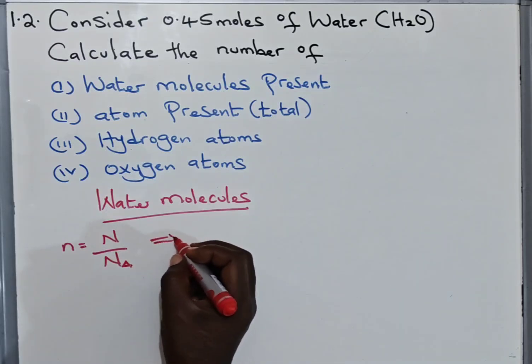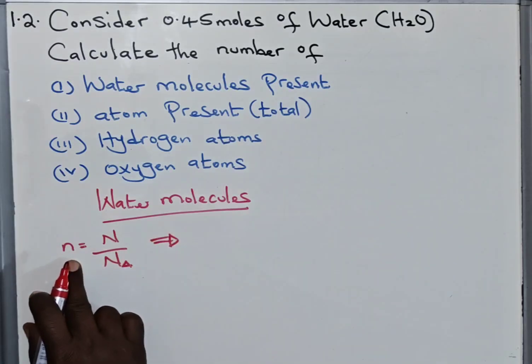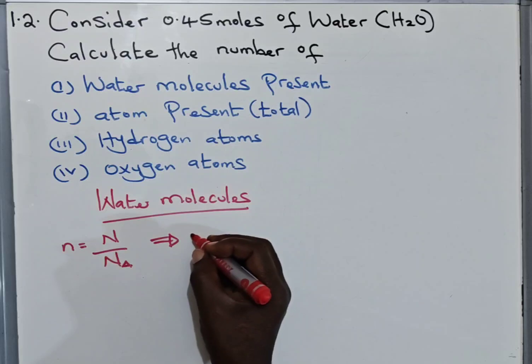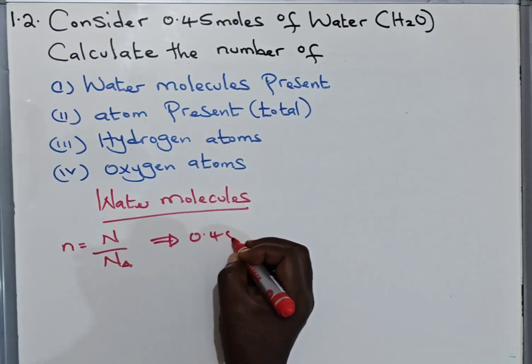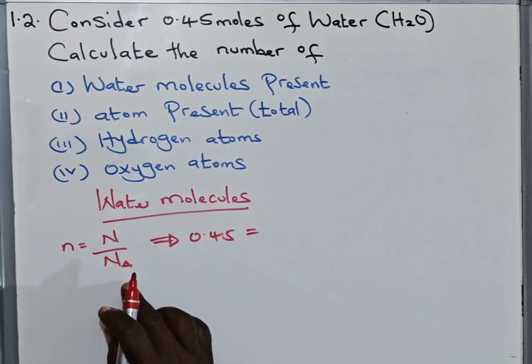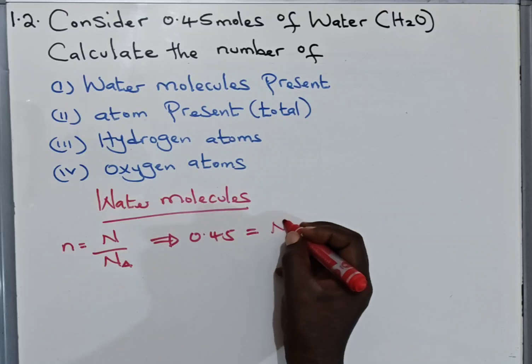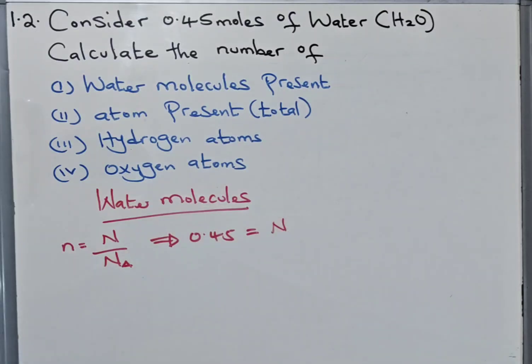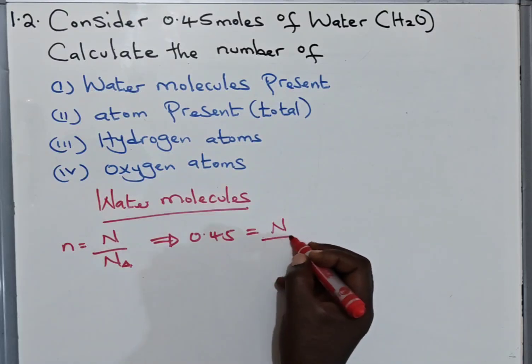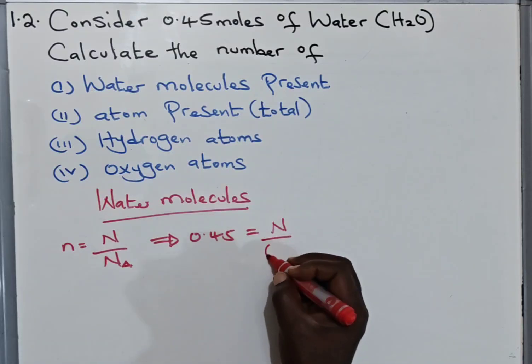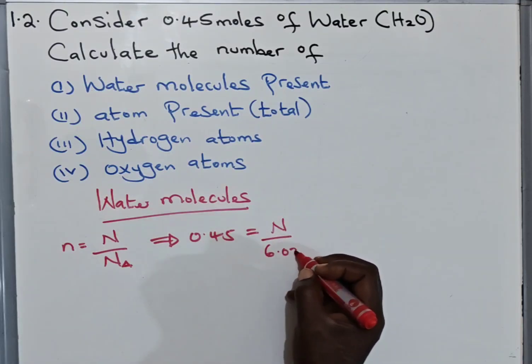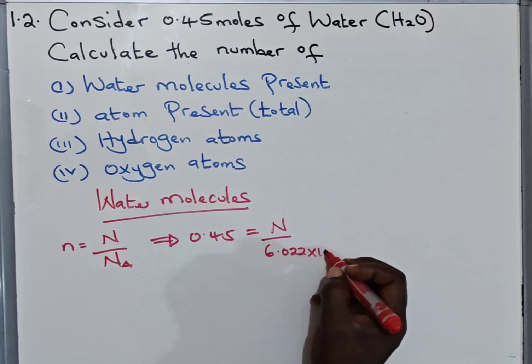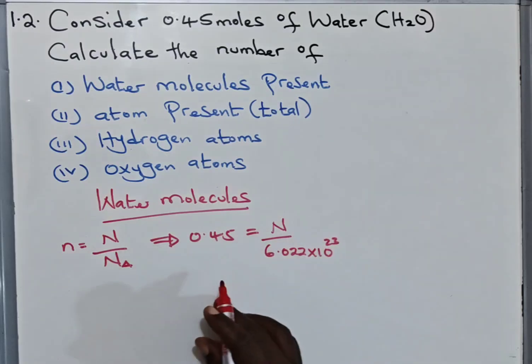We know the number of moles, which is 0.45. We are looking for N. We are dealing with a molecular compound, so N is the number of molecules, divided by Avogadro number, which is 6.022 times 10 power 23.